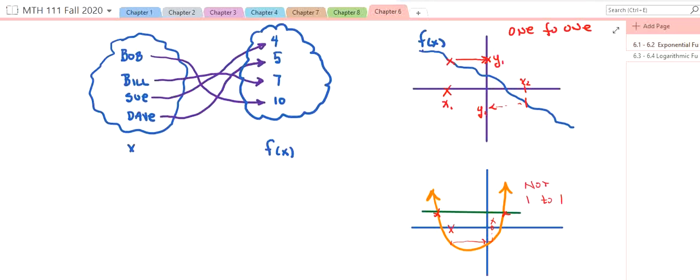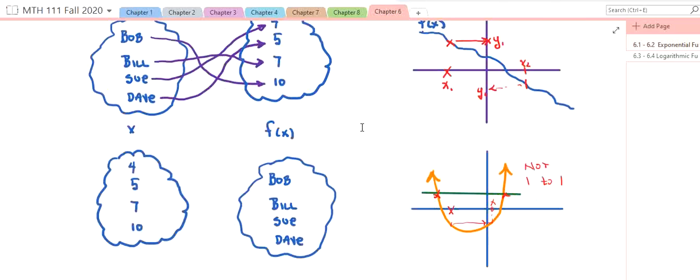So why am I talking about one-to-one functions? Well, the reason is we can actually flip one-to-one functions. And what I mean by flip is I can take everything that is over here in the range, and I can put it over here in the domain, and then everything that's over here in the domain I can make the range, and we have the same connection.